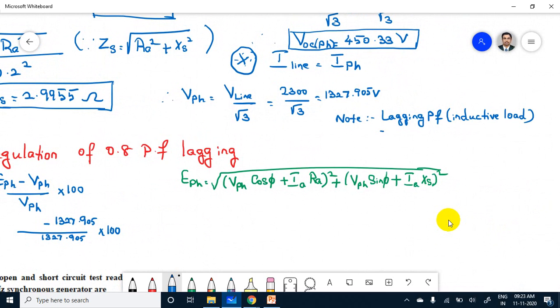So for that purpose we have to put a plus symbol here, in this term, in terms of reactance, because the reactance term is only applicable to inductance and capacitance. That plus sign we have to include for lagging. Please take down.